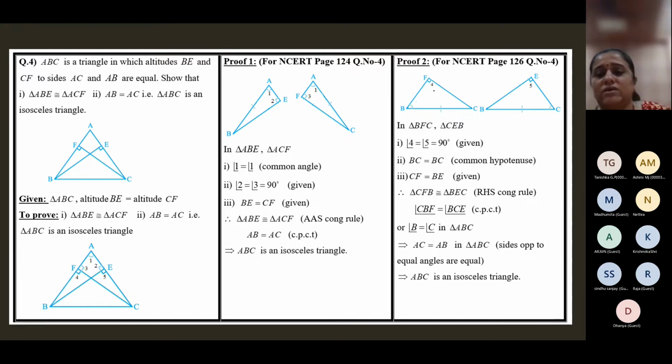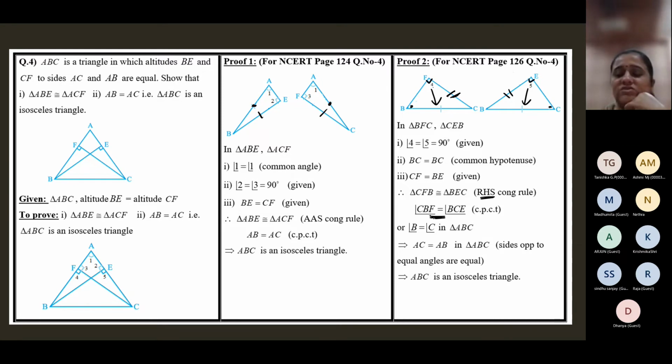So here, what do we have? Right angle. Opposite of the right angle is the hypotenuse. So right angle, hypotenuse, and some other side. So by the RHS rule, the two triangles are congruent.